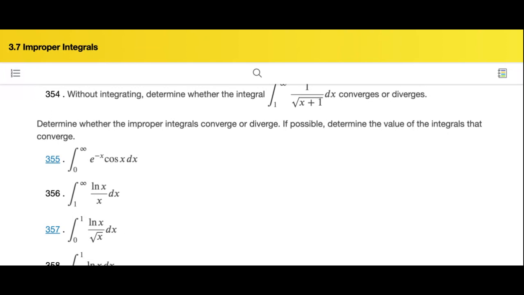I keep going back and forth between choosing V and choosing U. Sometimes we have to practice, then we have good eyes to recognize U and V. So in this case, you see e to the negative x. The derivative of e to the x is e to the x itself.